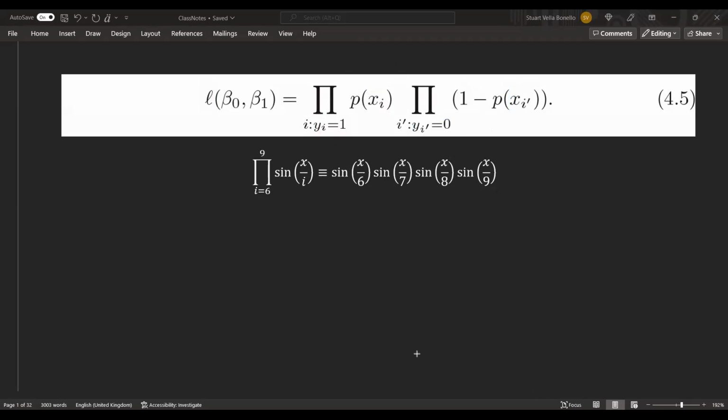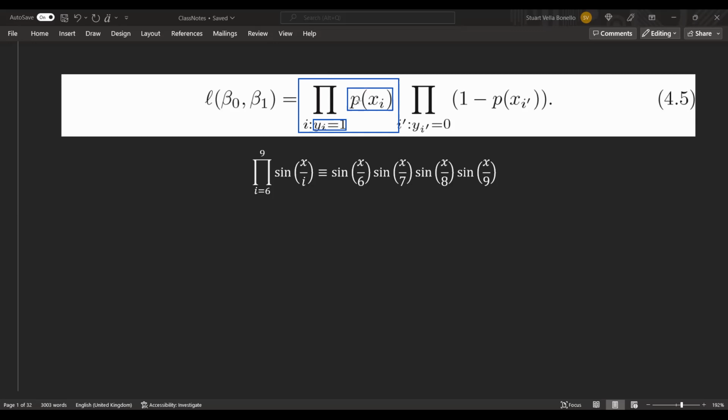So what we're saying is we're multiplying 10,000 probabilities over here. One probability for each observation, but only these defaulted. Yi equals 1, that's a default. So you're multiplying, I think it was 333 that defaulted, so 333 probabilities over here.